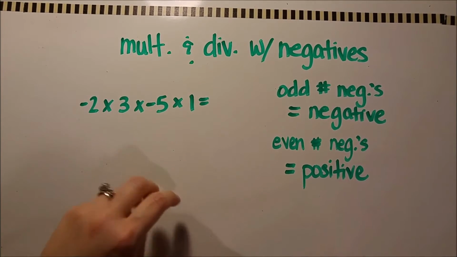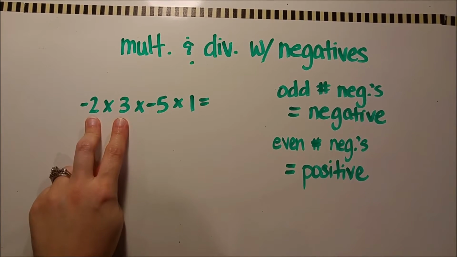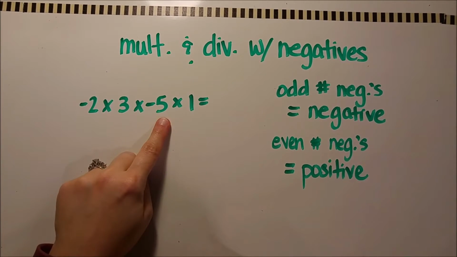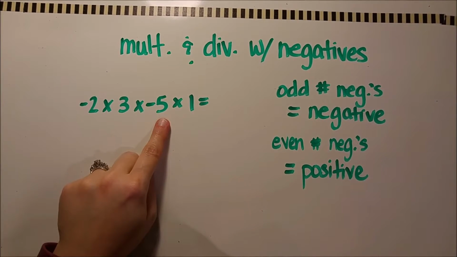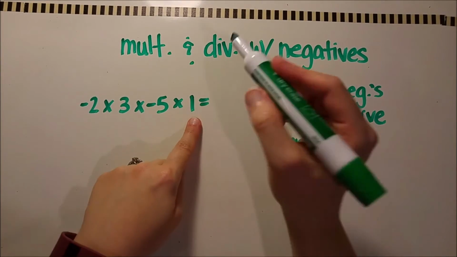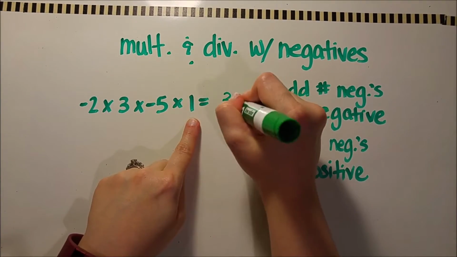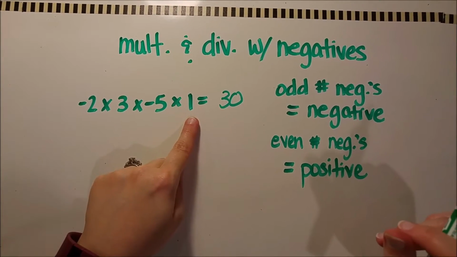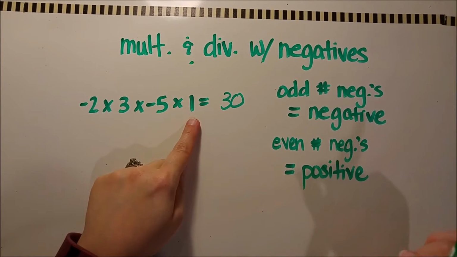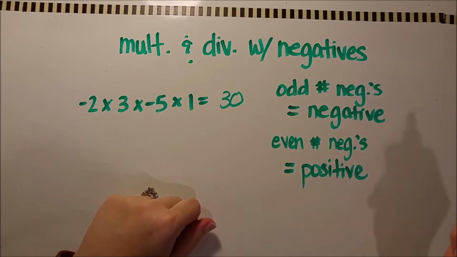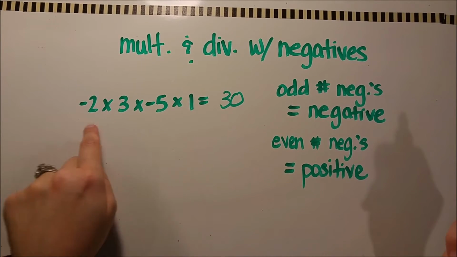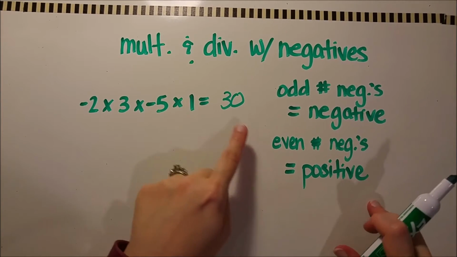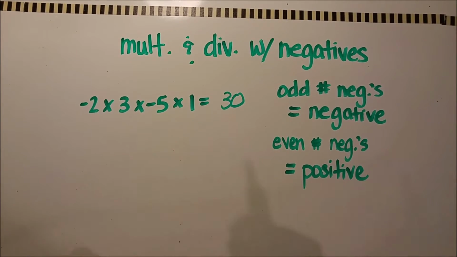But this is our shortcut. 2 times 3 is 6. That's 6 times 5 is 30. 30 times 1 is still 30. Then we can go back and see if it's going to be positive or negative for our product, for our answer. Okay, so how many negatives do we have? 1, 2. It's even. So we will have a positive answer.